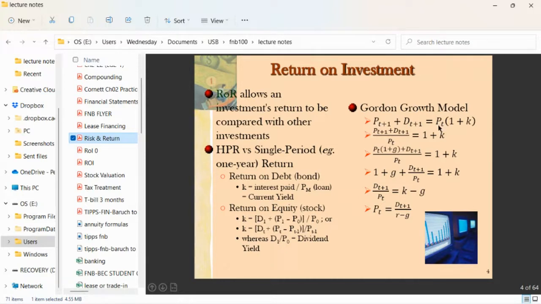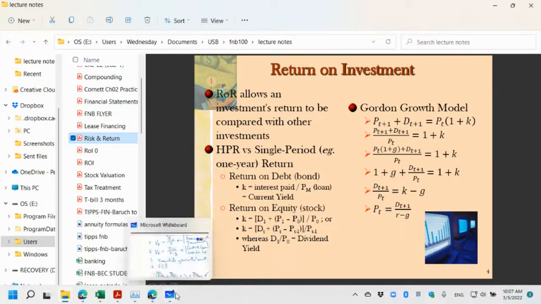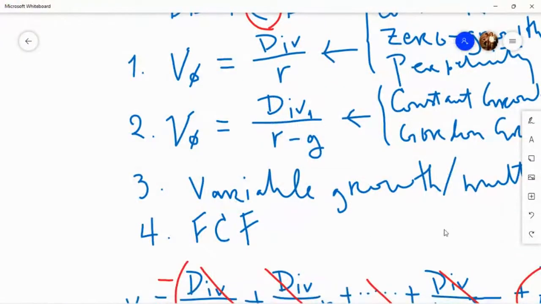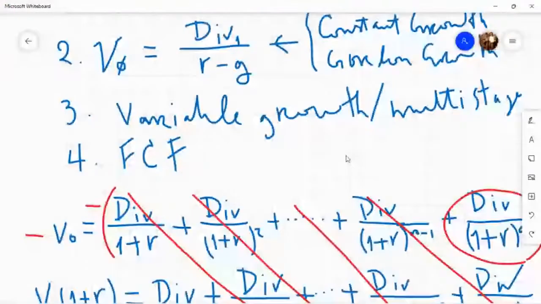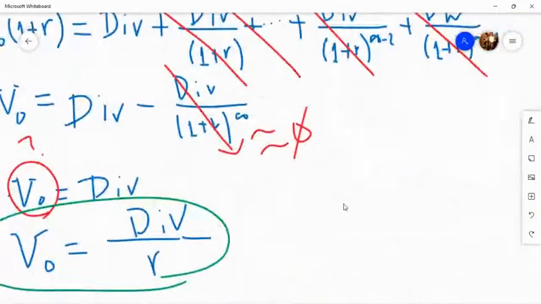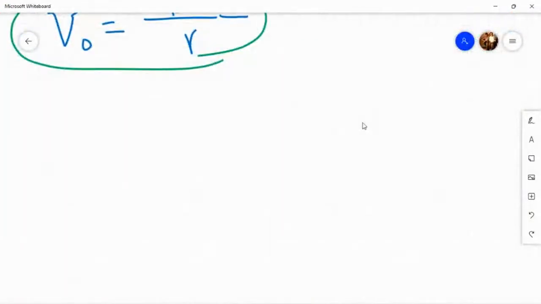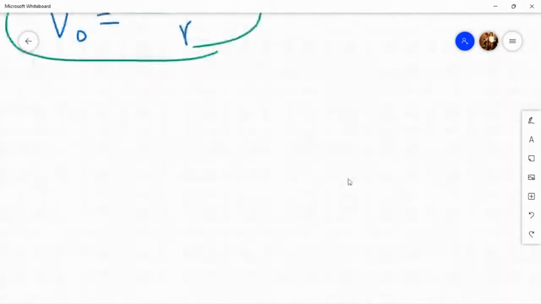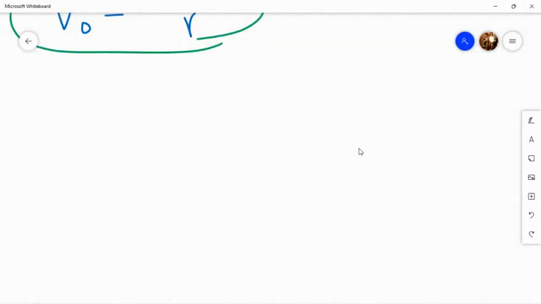Now, think about it. What a stock does to you is, let me also write it here. In the case of the golden growth model, we'll have to assume an equilibrium condition.